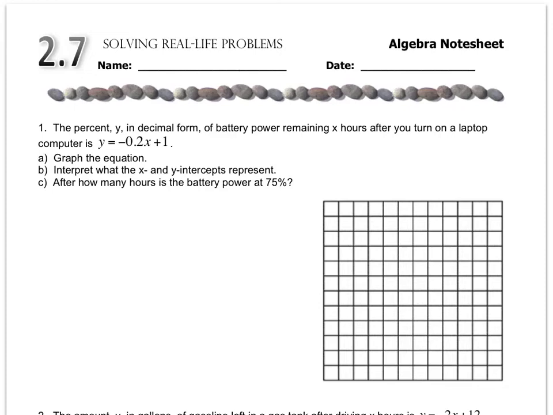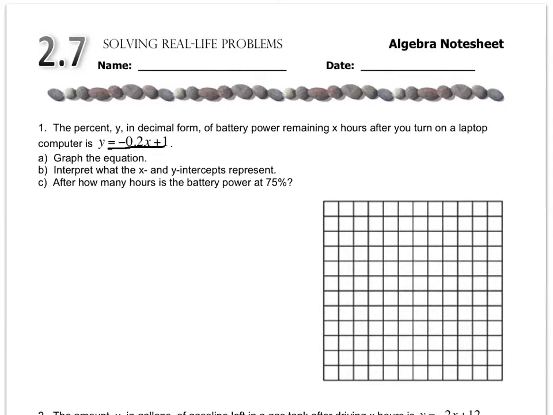In this last lesson of Chapter 2, we're going to look at how these linear equations are used in more real-life situations. The percent of battery power remaining x hours after you turn on a laptop is represented by this formula.